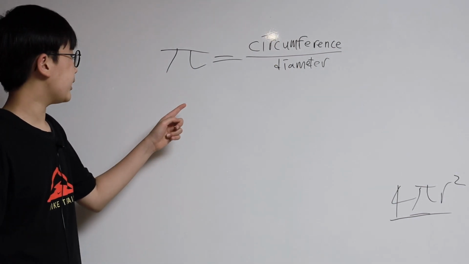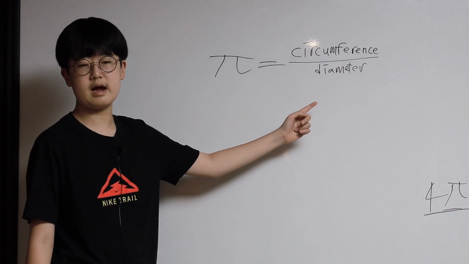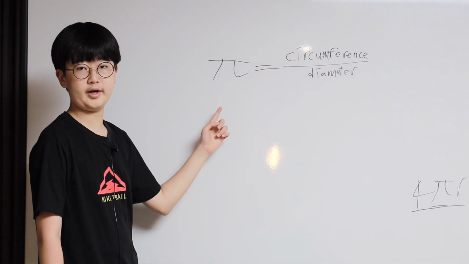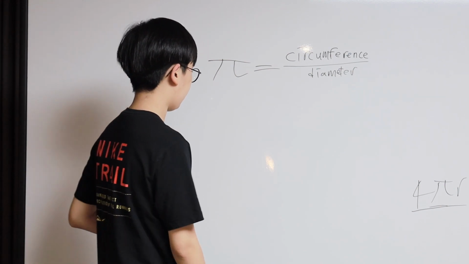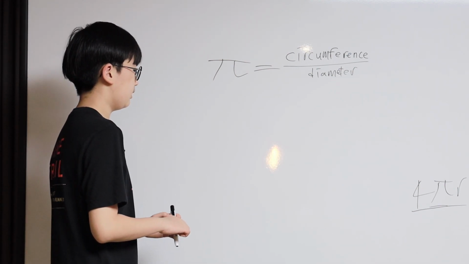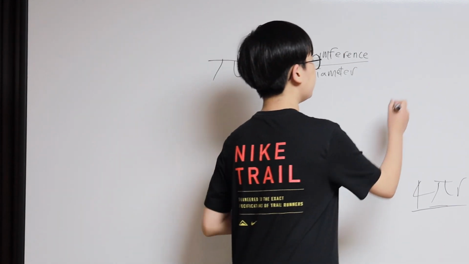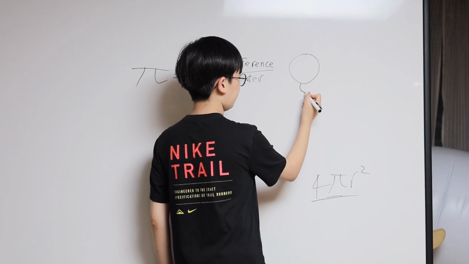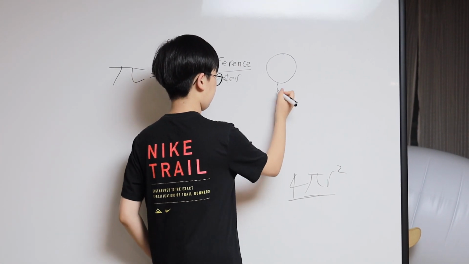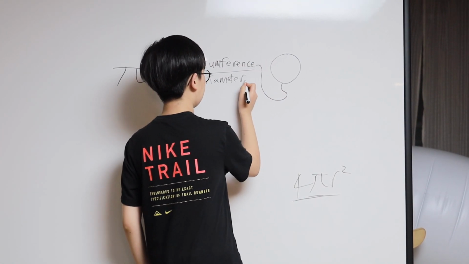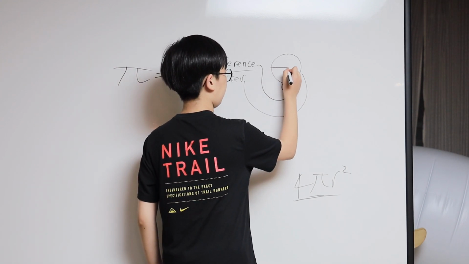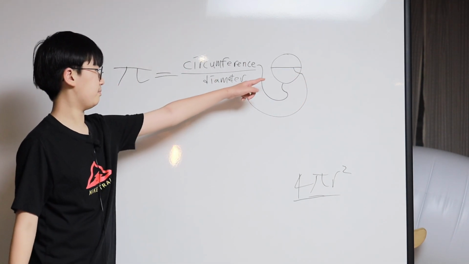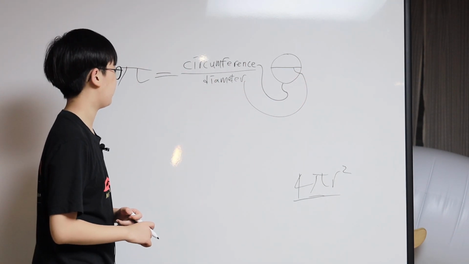Now, pi is circumference over diameter. This is the definition of pi. So basically, if there's a circle, this thingy is the circumference, and the line that's dividing it is the diameter. Basically, you can think of it like that.